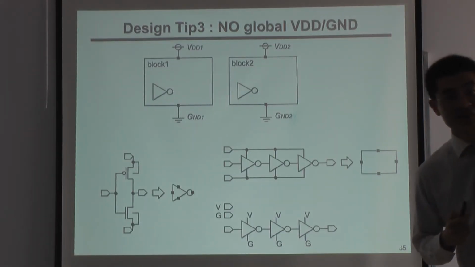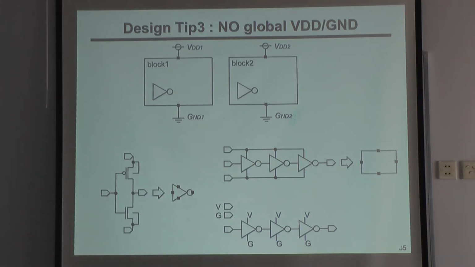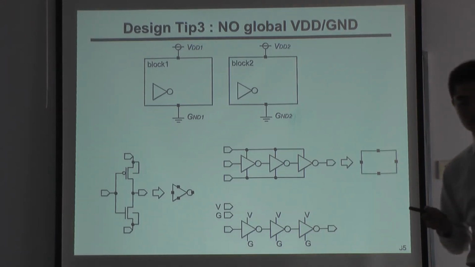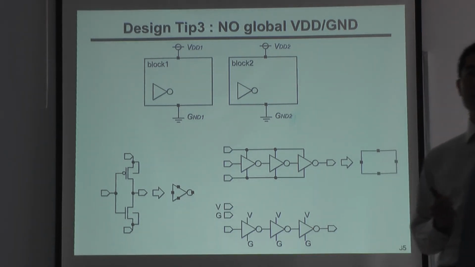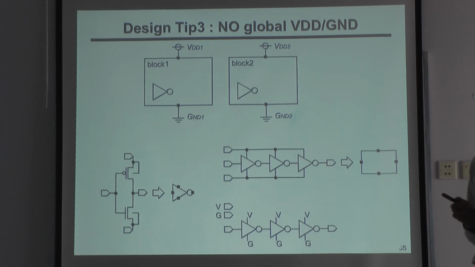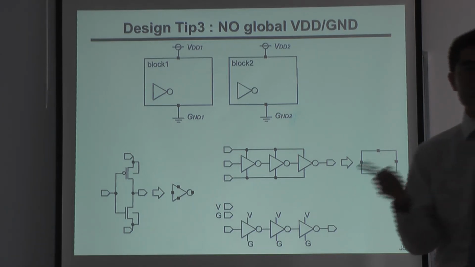And also, sometimes we can use global connections. Like in Cadence, for example, VDD exclamation mark means global VDD. But I recommend you not to use global. Because for a small circuit, maybe global connection is useful.